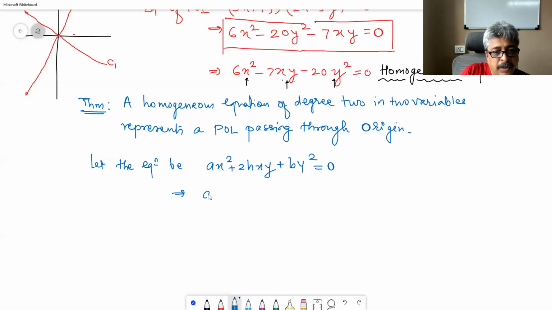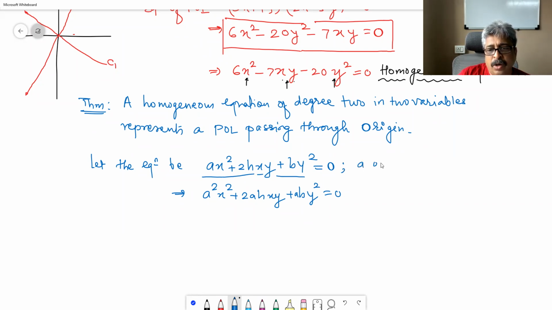This implies a square x square plus 2ahxy plus a by square is equal to 0. Now, when I say that this is a homogeneous degree 2 equation in x and y, it is obvious that either a or h or b is not equal to 0.